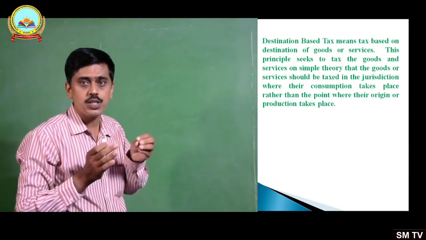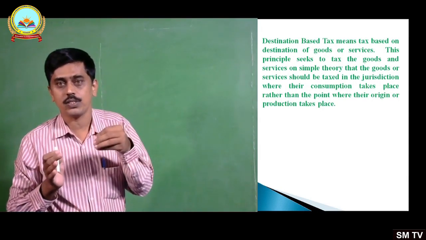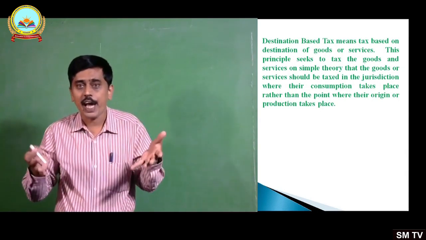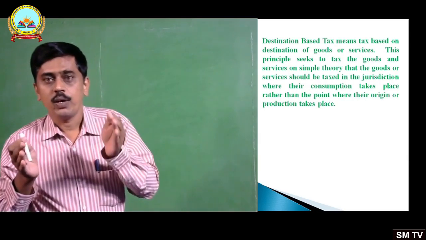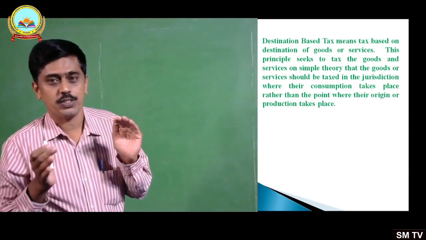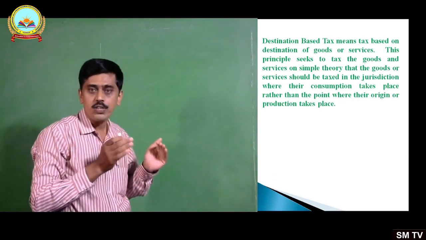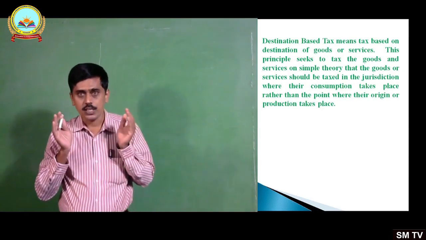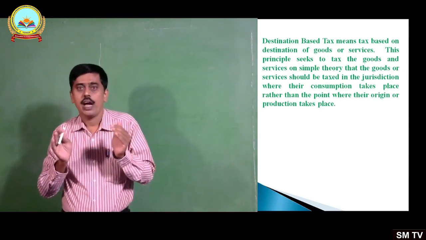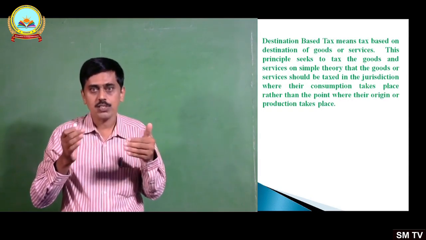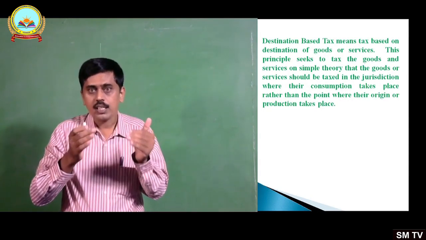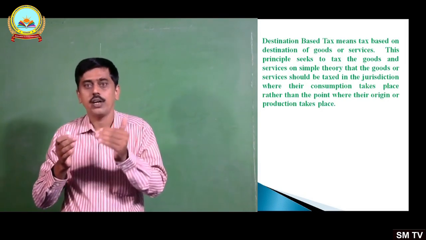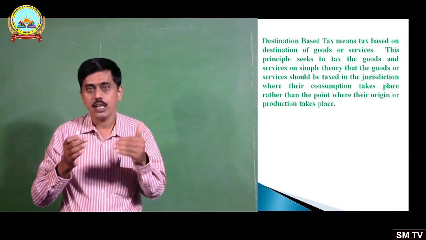This principle seeks to tax goods and services on the simple theory that they should be taxed in the jurisdiction where their consumption takes place rather than the point where their origin or production takes place. So GST is a destination based tax, which means collecting the tax based on the consumption area and not on the production area.